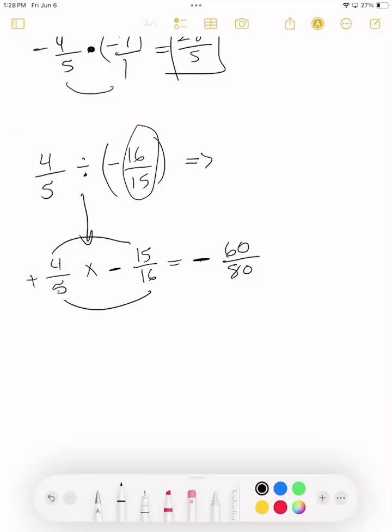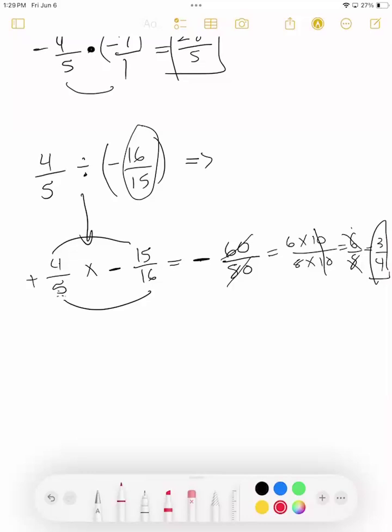So anyways, 60 and 80 are both divisible by 10, right? You can write 60 as 6 and 10, 80 as 8 and 10. So you get 6 and 8. But both of them are even. Both are divisible by 2. 2 goes into 6 3 times. 2 goes into 8 4 times. The answer is 3/4. Or you could have reduced here.